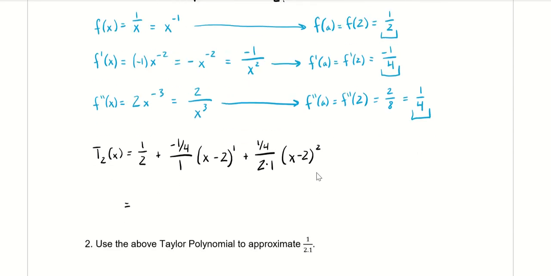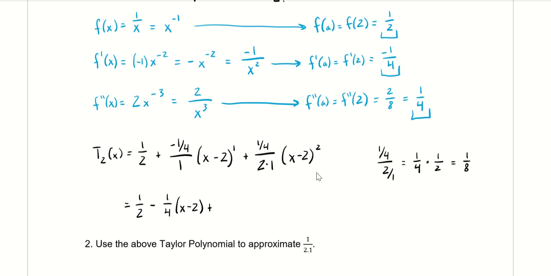And rewriting that so it looks a little bit nicer, I have 1/2 plus negative 1/4 over 1, which is just negative 1/4, so I'll say minus 1/4 times x minus 2, plus here I have 1/4 divided by 2. That's the same thing as 1/4 times, well, this is like 2 over 1. So the reciprocal of that is 1/2. That fraction's 1/8.